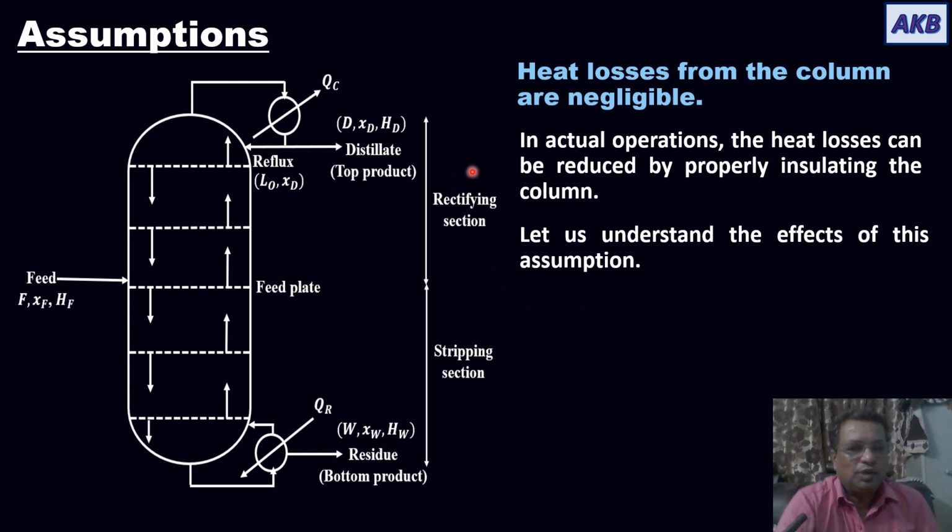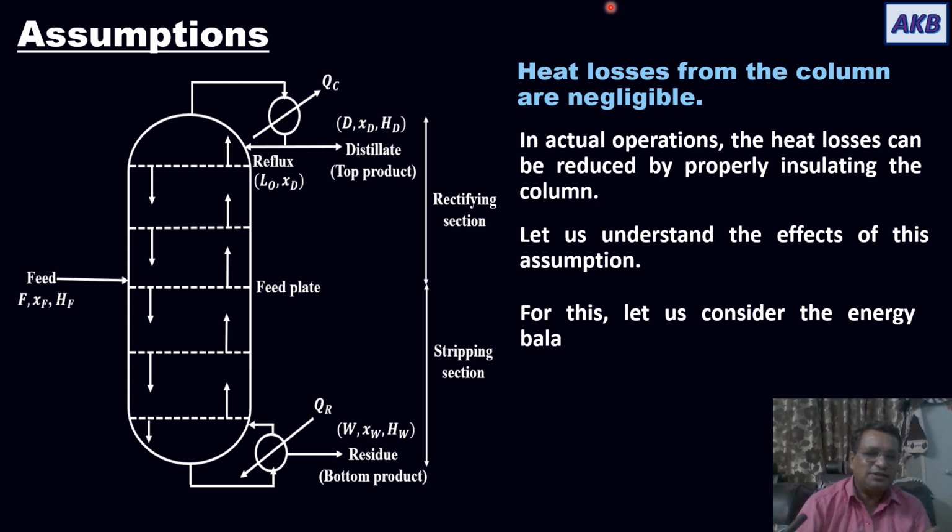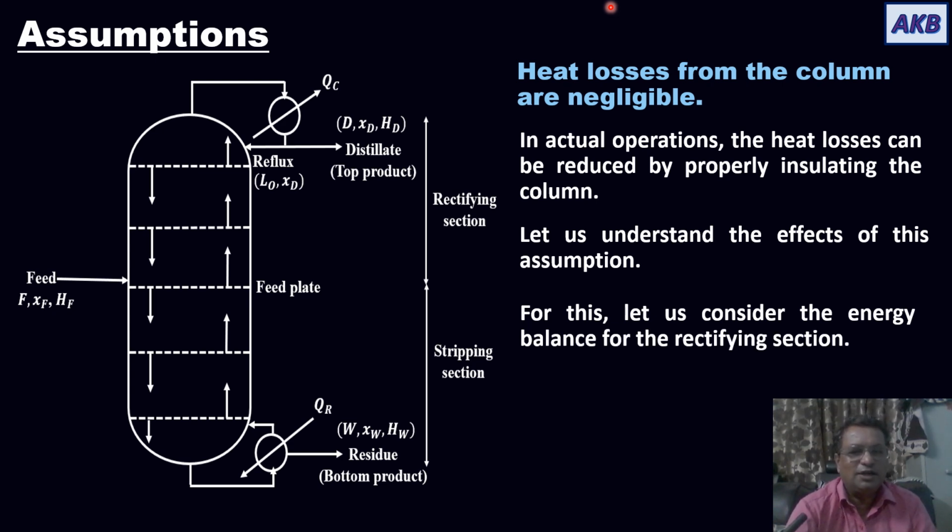Now we will try to understand the effect of this assumption, or how this assumption helps us in simplifying the discussion. First assumption: heat losses from the column are negligible. In order to understand the effect, we will consider the energy balance for the rectifying section.